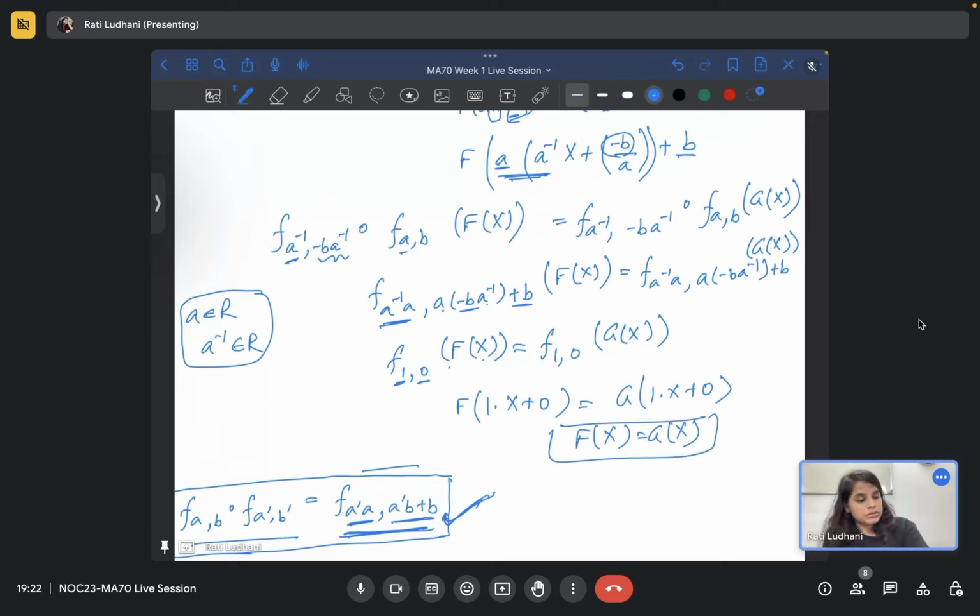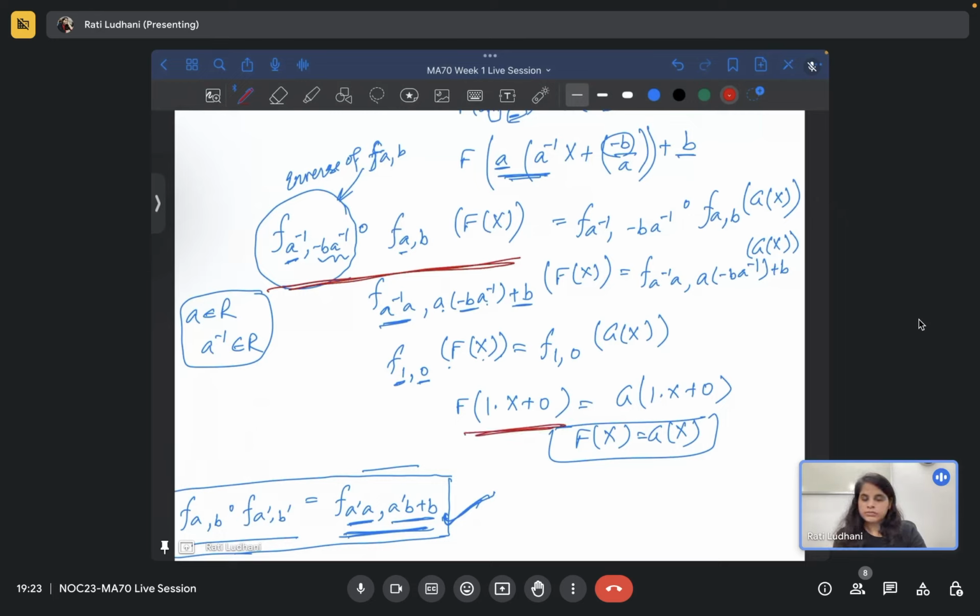But now this one really working, this is giving me everything: injectivity, surjectivity, and even the inverse. So I'm saying this is the inverse of F_AB, because when I apply this on F_AB, you get f(x).